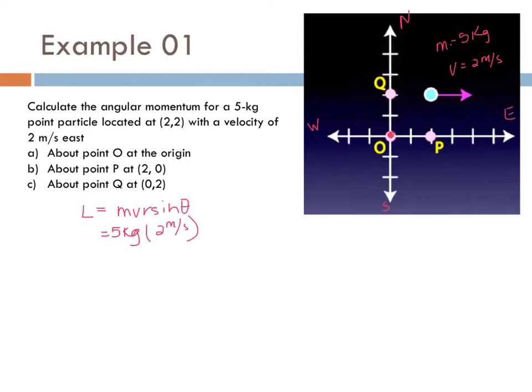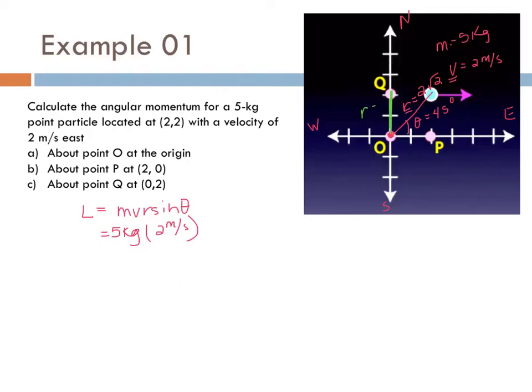Now, there's two different ways that you can do the r. You can say that this is the r, and in this situation it would be 2 root 2, and the angle between this r and v would be 45 degrees. Or you can say that this point over here is already the component of r that is perpendicular to v.